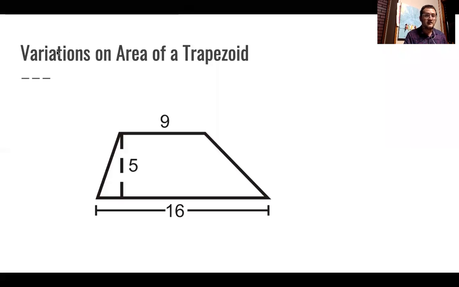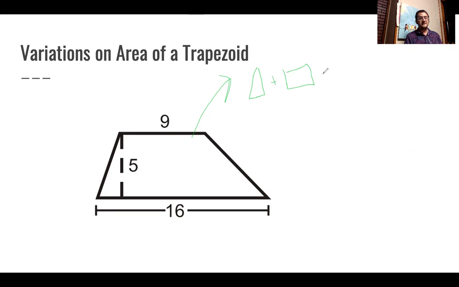But I will tell you the approach that some students take when they don't know the trapezoid formula. Maybe they interpret this as finding the area of the triangle, then the rectangle, and then the area of the other triangle, and they divide it into 3 pieces. So like 1, 2, 3.